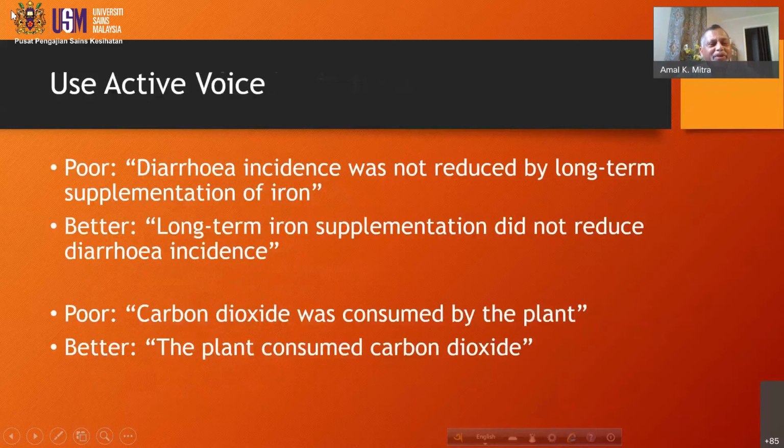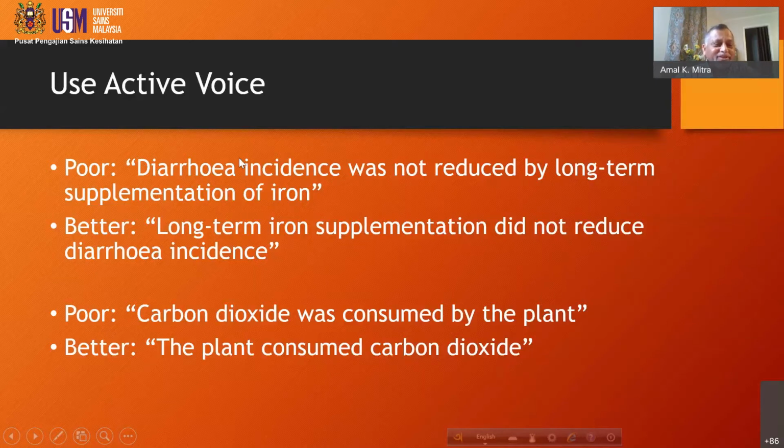Now, another thing I want to say: try to use active voice, not passive voice. This is my own writing, okay? I wrote a poor sentence like this: Diarrhea incidence was not reduced by long-term supplementation of iron. That was my iron study in Bangladesh, published in the Journal of Nutrition.